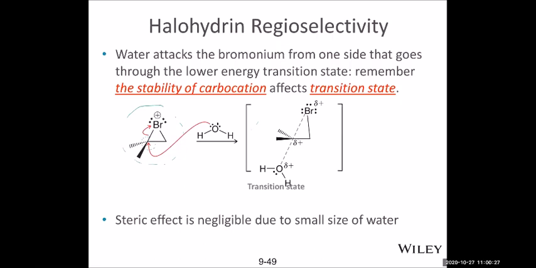Even though the methyl group is kind of chunky and might block access of the nucleophile, because the water molecule is so small, it is not affected by the blocking of this methyl group. So the halohydrin reaction has selectivity, meaning where it reacts: the OH is attached to the more substituted carbon. We call it Markovnikov, sort of Markovnikov.